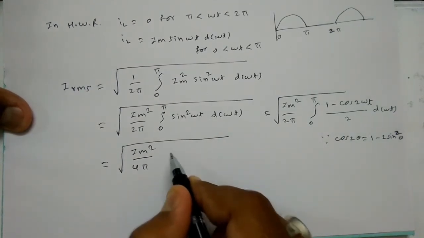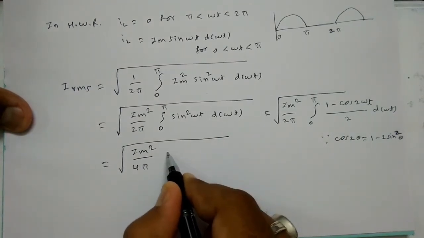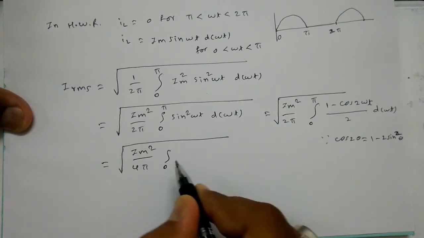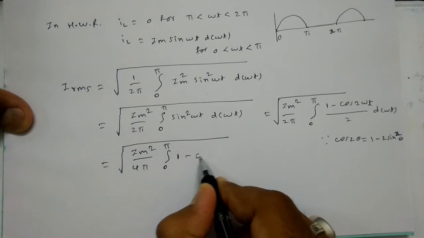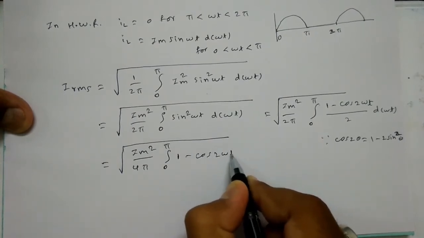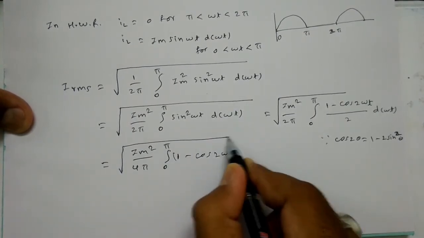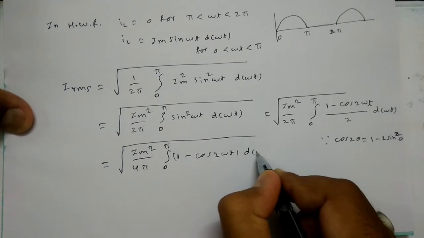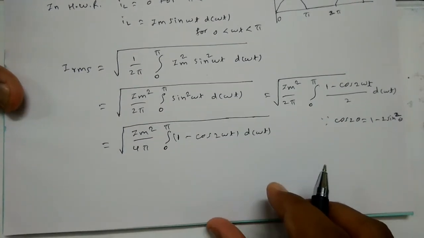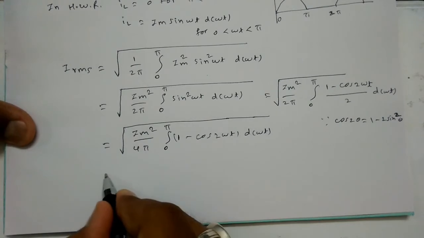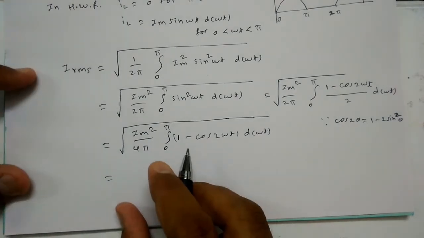So okay, let me increase one step. So in bracket now we are remaining 1 minus cos 2 omega t, bracket d omega t. One step I have just increased in order to avoid any confusion.